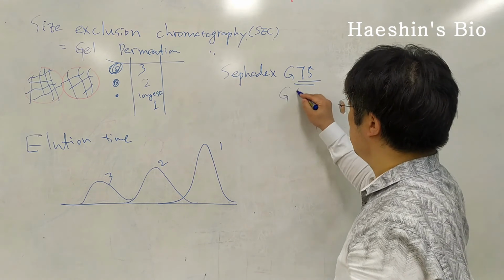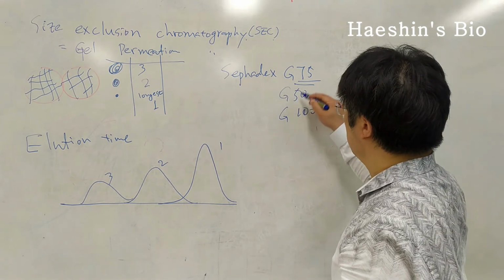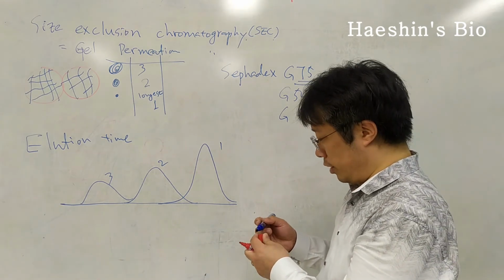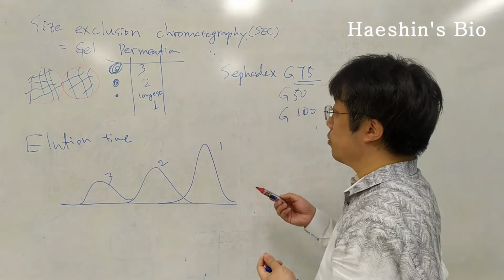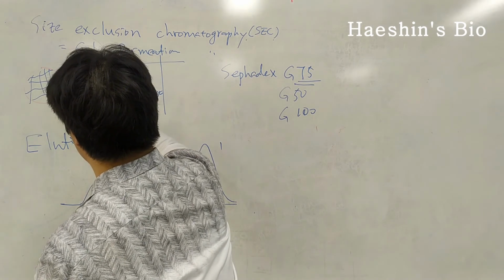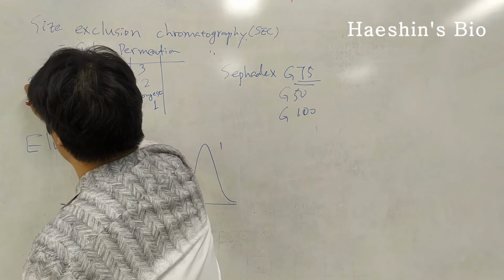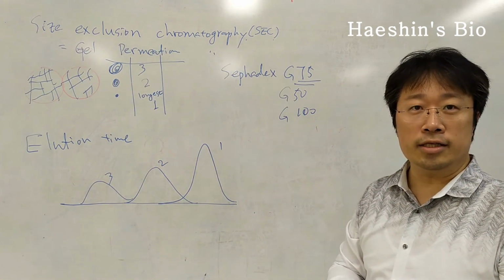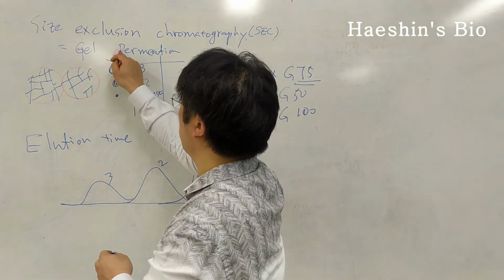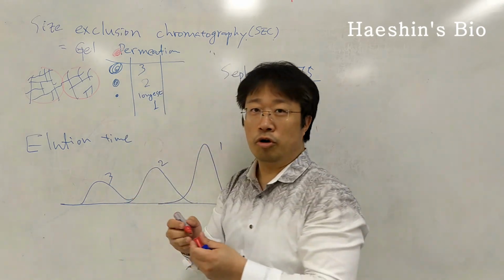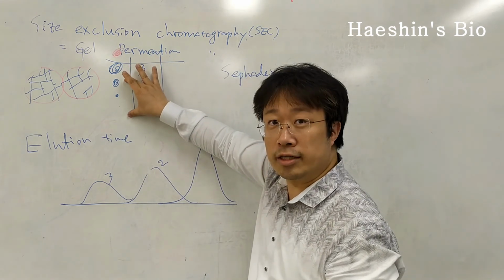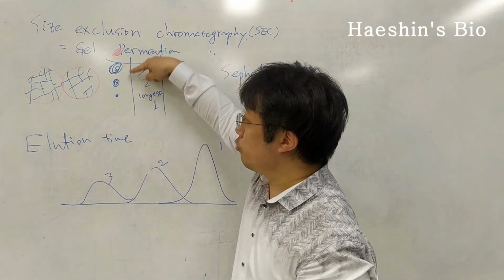There's a G50, G100, and G25, something like this, giving you different pore sizes. A larger G value provides a larger pore size, so that you can have resolution for even bigger proteins, or even much smaller proteins, depending on the size of the beads. You can have a range of separations, either this range or that range.